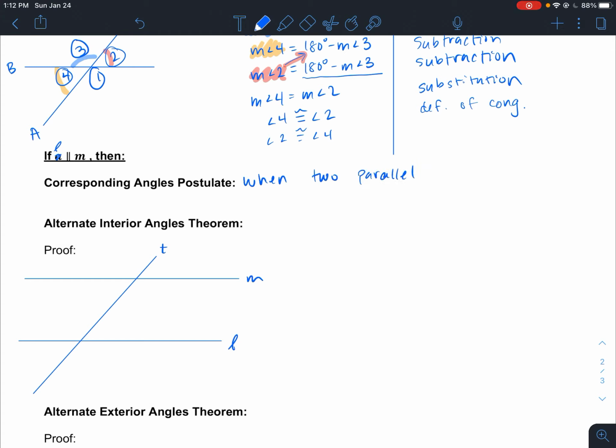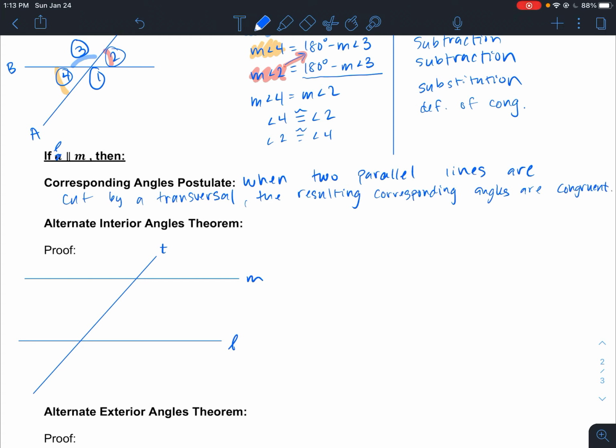parallel lines are cut by a transversal, the resulting corresponding angles are congruent.